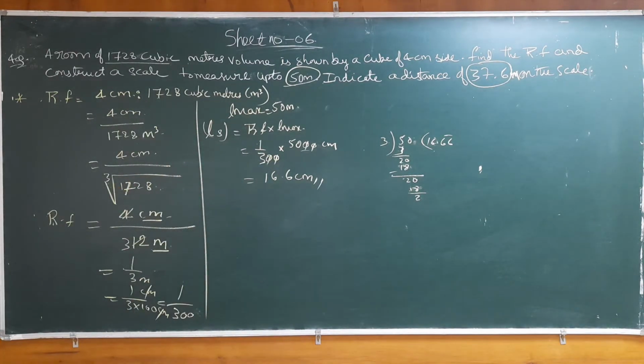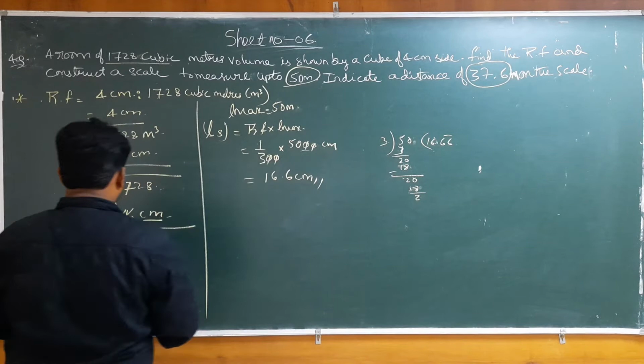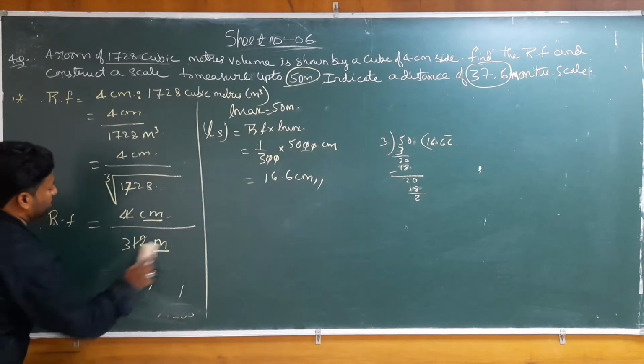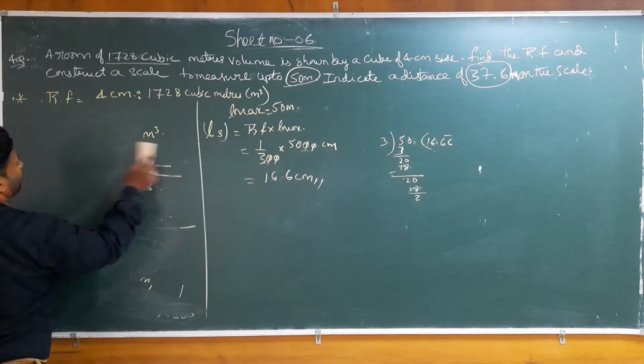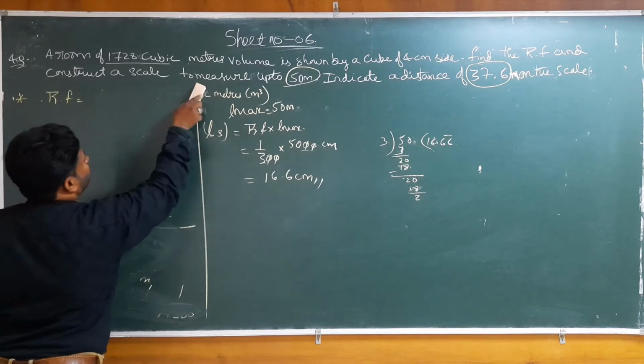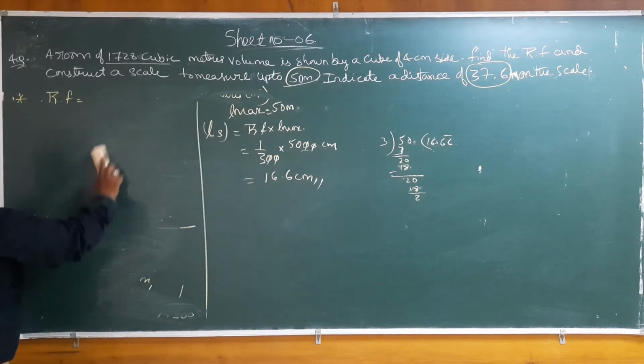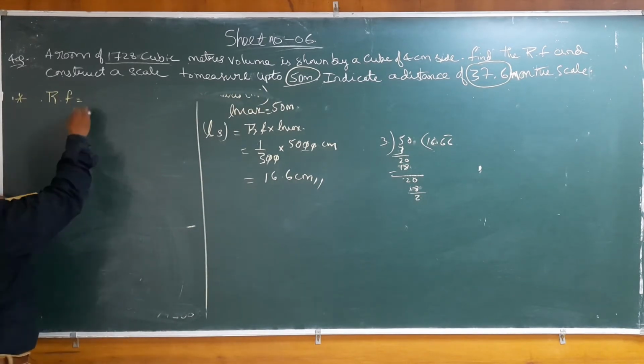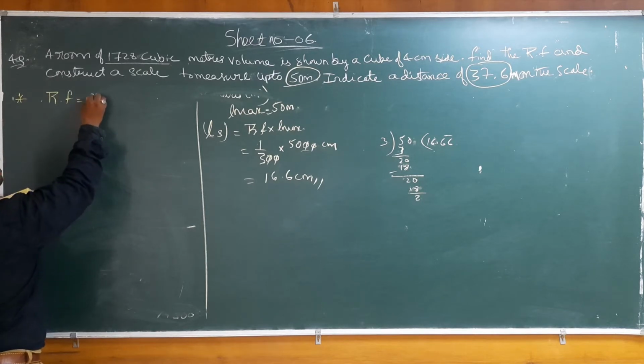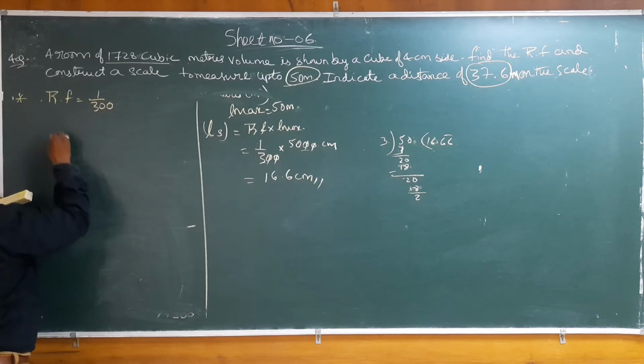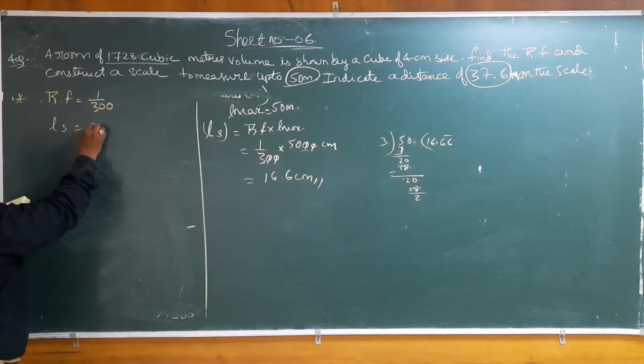Now we have to draw the diagram for this. So I will write all these values here. RF, how much did we get? RF is nothing but 1 by 300.